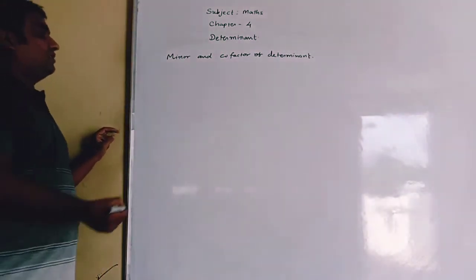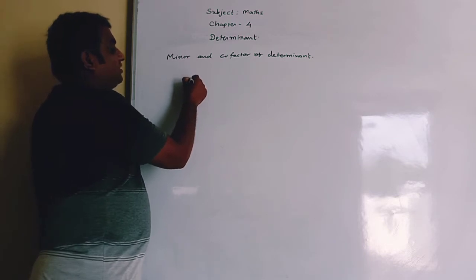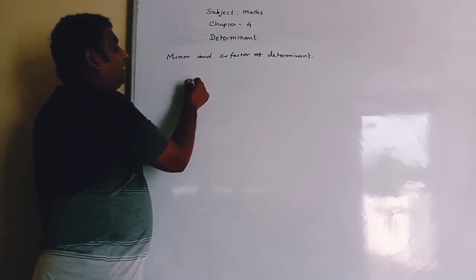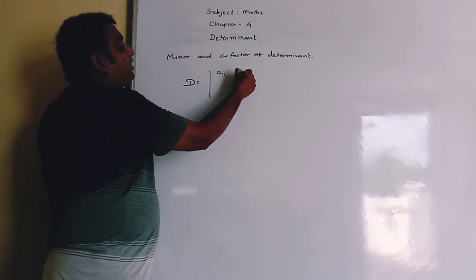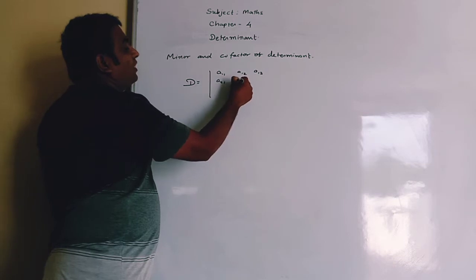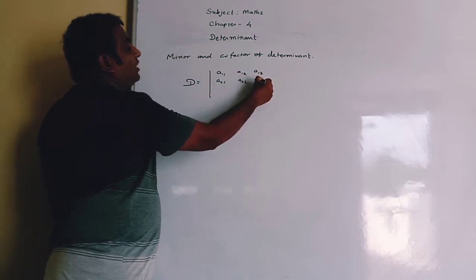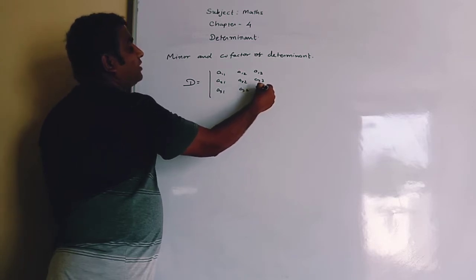So, the minor of element aij. Suppose we have a given determinant with elements a11, a12, a13, a21, a22, a23, a31, a32, a33.